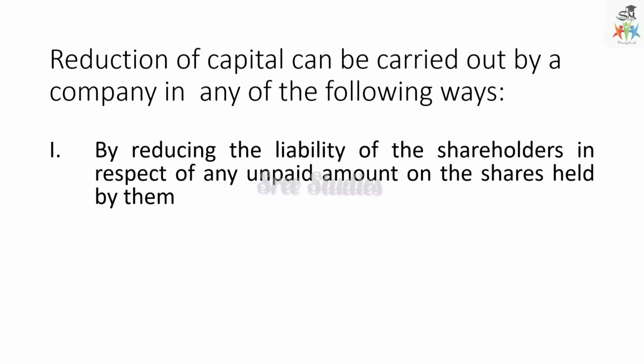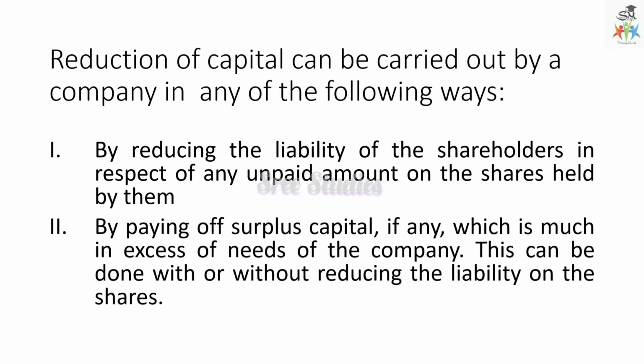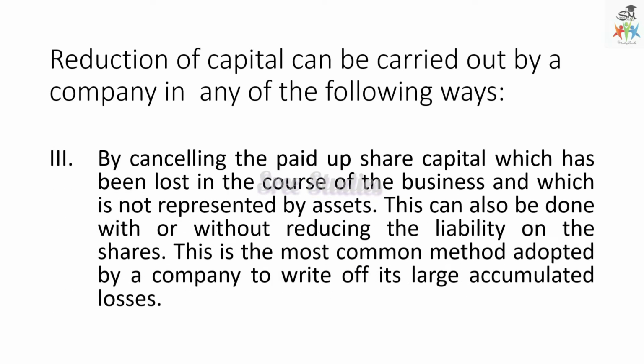So let us start with by reducing the liability of the shareholders by cancelling the unpaid amount, and then by paying off the surplus capital if anything has excess, and then the same will result in reducing the liability of the shares, and by cancelling the paid up share capital which has been lost during the course of business, and which is not represented by the asset. Actually, the asset should equal the liabilities. Sometimes the asset will not be there, only the liability, so that's why it should be cancelled.